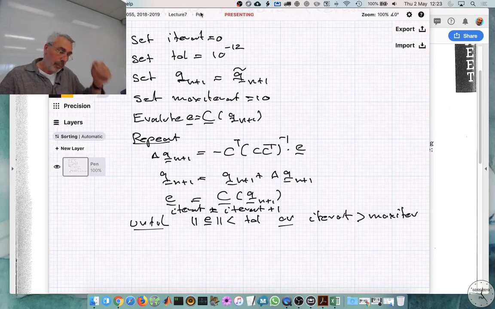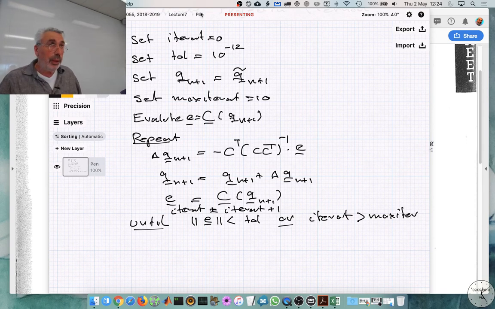And then we stop. And at the end, if I jumped out of the loop with the max iterations, then I should give a warning sign or a bell or whatever. Stop the process. So this scheme is a nice way to get your coordinates back on the surface.